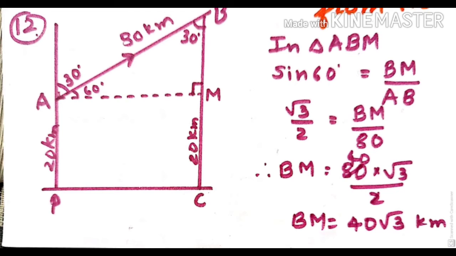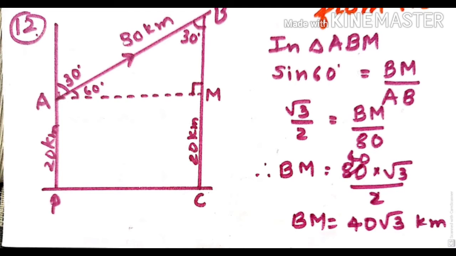Now we know the sine 60 value is root 3 by 2, equal to BM upon AB, whose value is already given in the question as 80 kilometers. So write 80. Now by cross multiplication we get BM equal to 80 multiplied by root 3 by 2, and by cancellation I get the BM value as 40 root 3 kilometers.